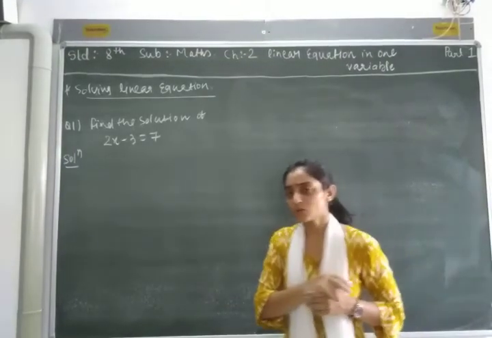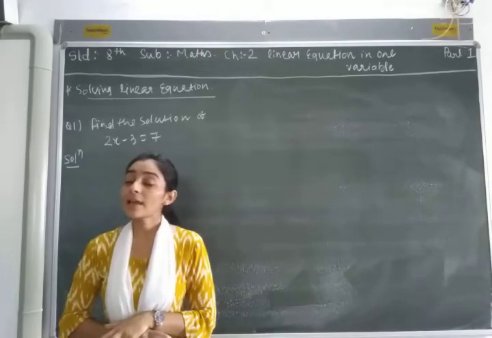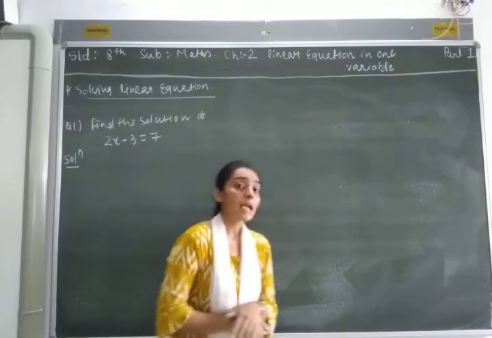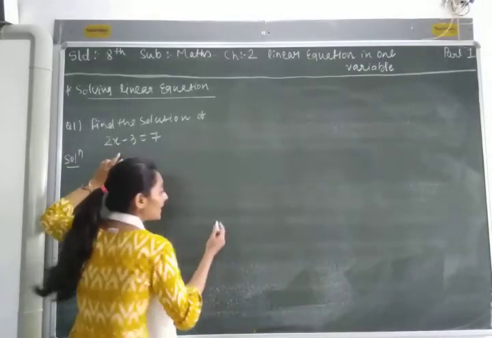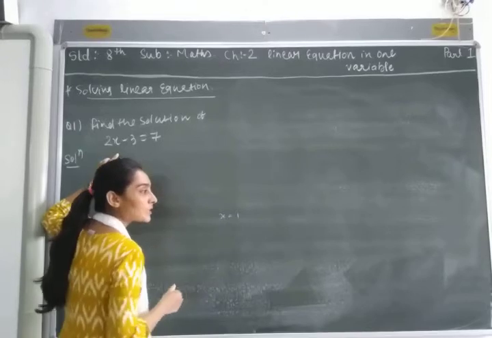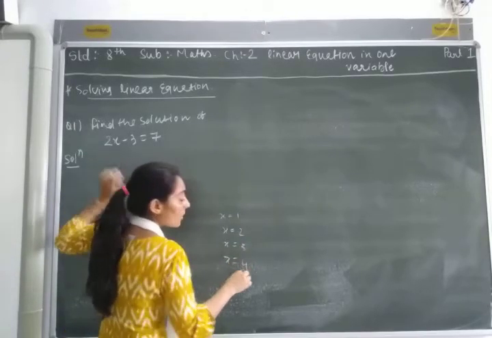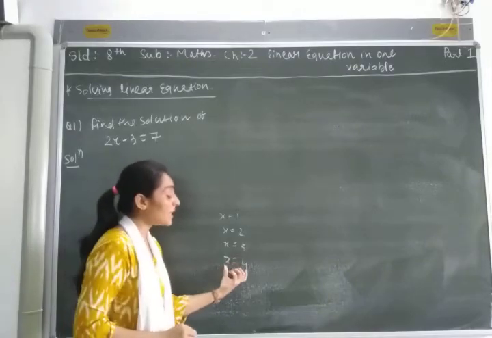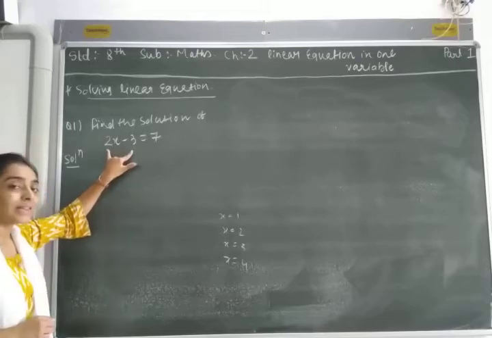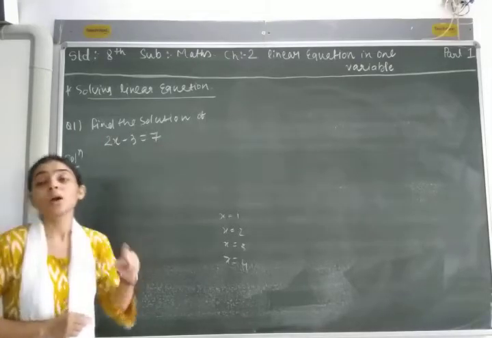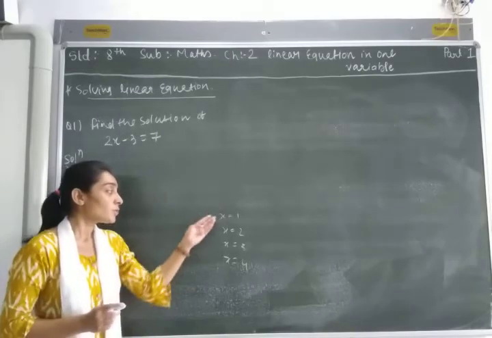There are two methods. Either you can use the trial and error method. The trial and error method says check different values of x. It means you replace x with 1, x with 2, x with 3, x with 4, until you get the value of x that makes the equation equal to 7.